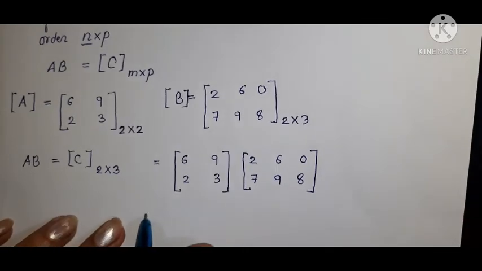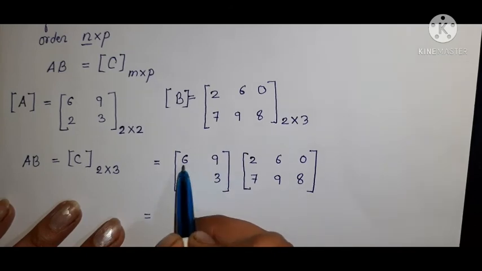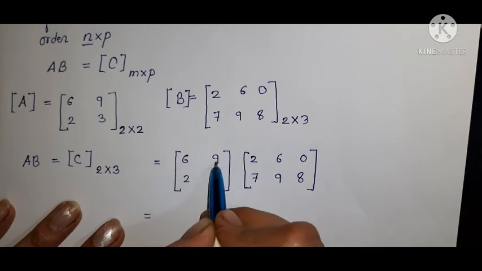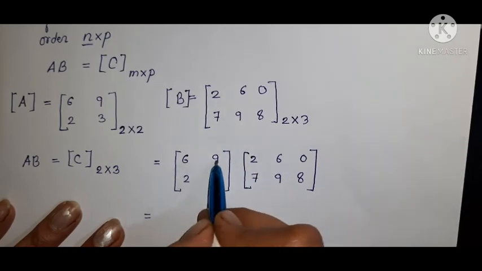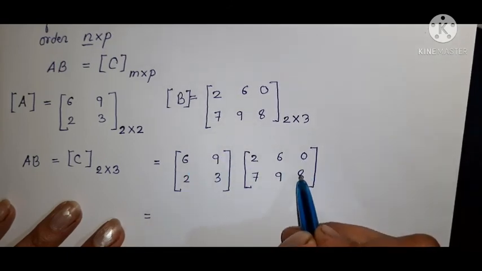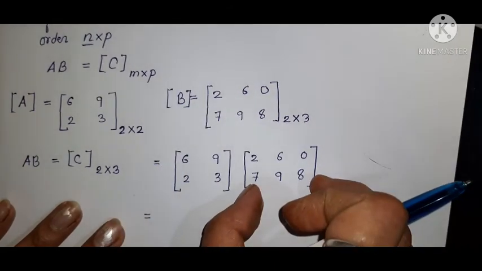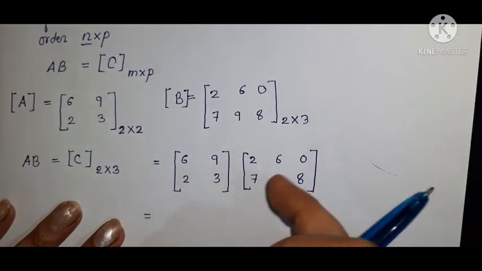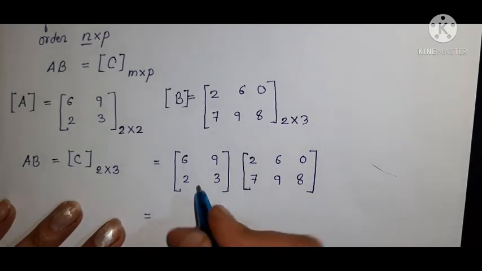First we have to multiply the first row of the first matrix with the first column. First row with the first column. Then first row with the second column. Then first row with the third column. Means first we have to complete one row with all the columns of the second one. Then we move to another row. Then multiply this row with each and every column of the other matrix.